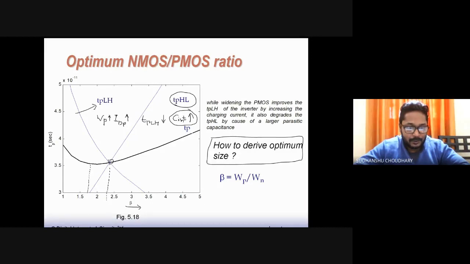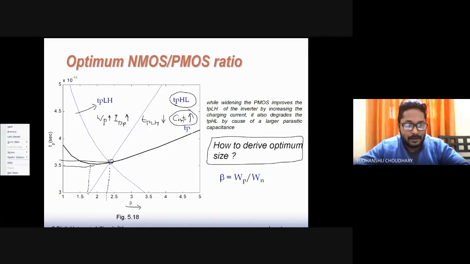The delay is smallest at this point, small compared to this one. So when delay is more important, you will use a PMOS width of this much, and if noise margin is more important, one can size the PMOS up to this point. So two guidelines are again presented here.